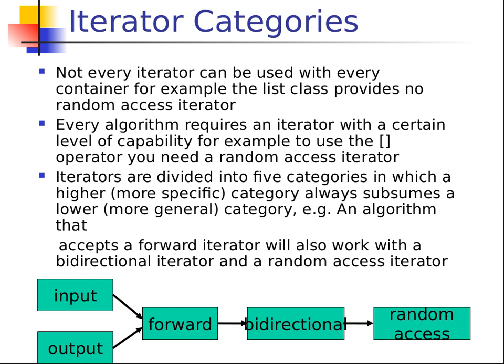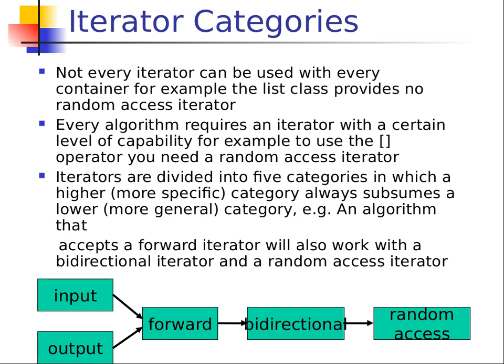Okay. There are different types of iterators, fortunately. It cannot be used the same way for everything. Every algorithm requires an iterator for a certain level of capability. Notice that the left is going to be the least capable and the right is the most capable. So higher is more specific and always subsumes the lower. Input or output is kind of a little hard to understand, but let's look at bidirectional, which I think will make more sense.